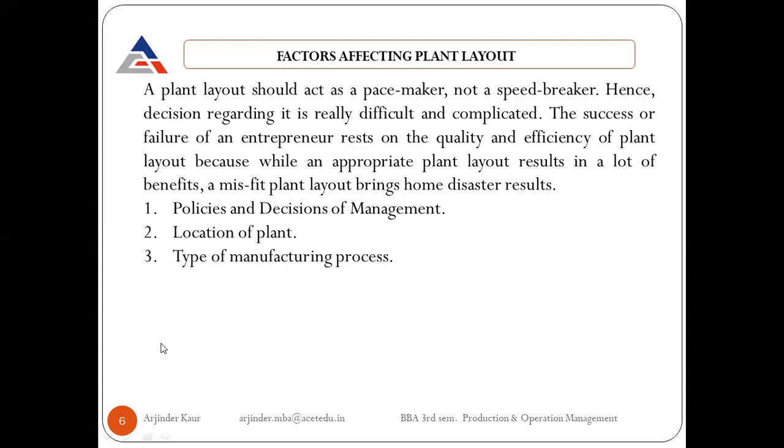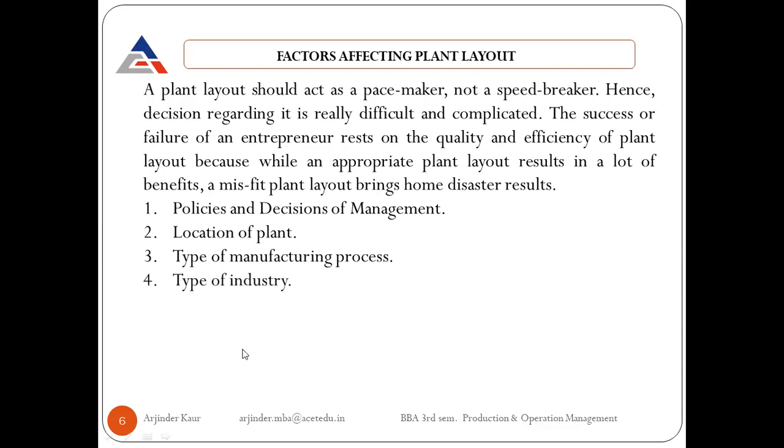So the decision related to the layout is influenced by the type of manufacturing process that is being used by the organization. Because all of these production systems have some unique features which are different from the others, every type of layout will not be suitable for each and every production system. So we have to decide the layout as per the manufacturing process we are using.